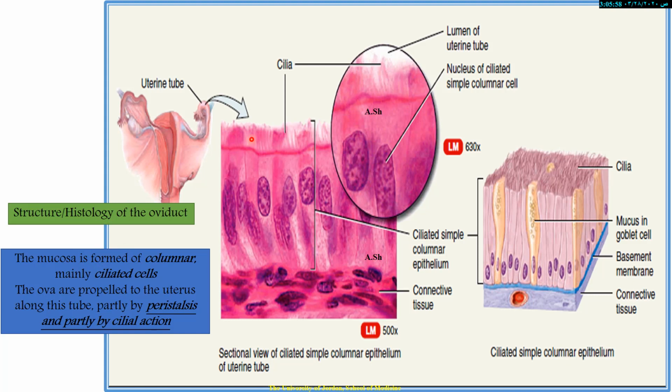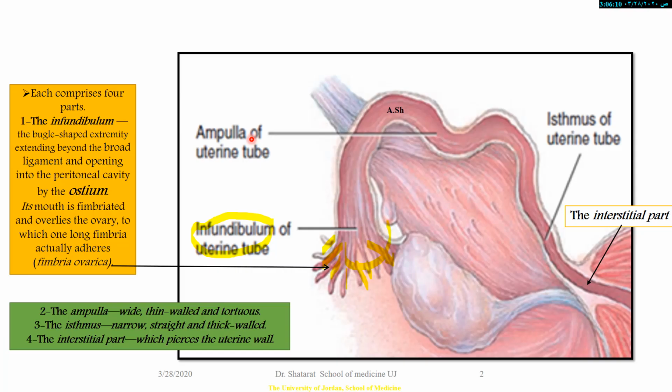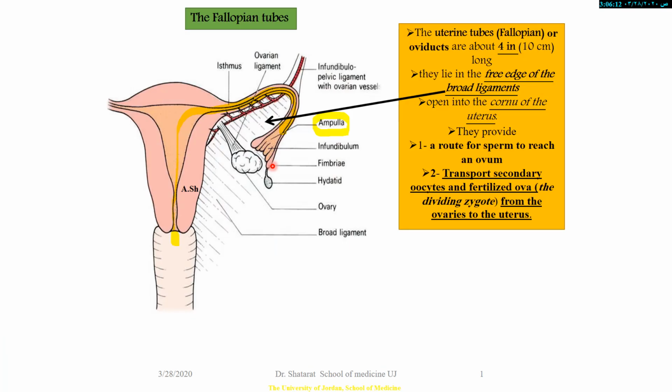These cilia help in the movement of the oocyte. So let me just remind you that the oviduct plays two functions. The first one is that it facilitates the movement of the sperm.